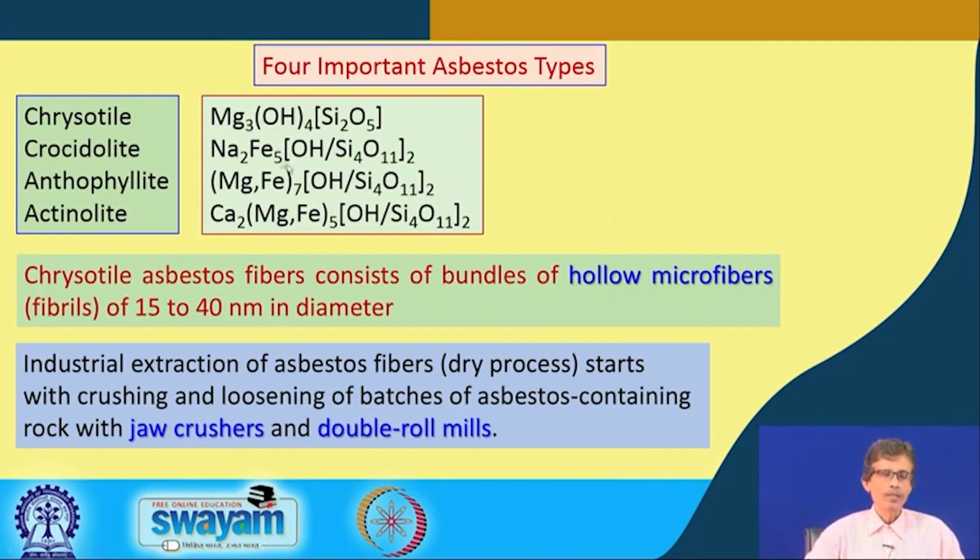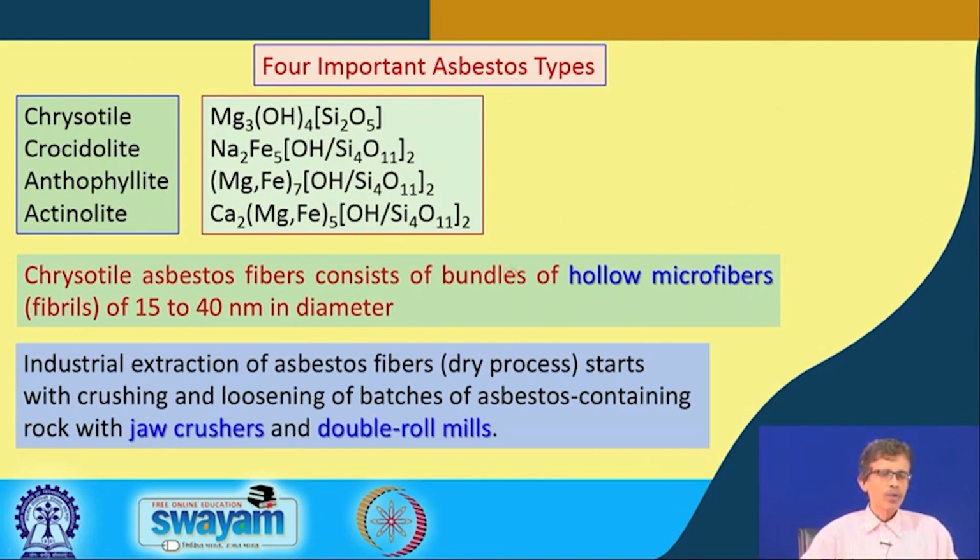Then crocidolite is basically the one where you have iron. You don't have any magnesium, you have sodium and iron along with a huge silicate structure. So all these materials are very complex silicate structures. So basically these are silicate materials, and we are still continuing with those silicate materials, which are very useful for different purposes.